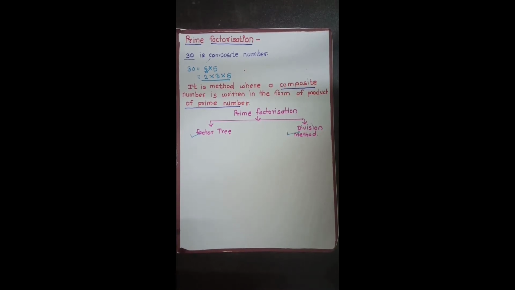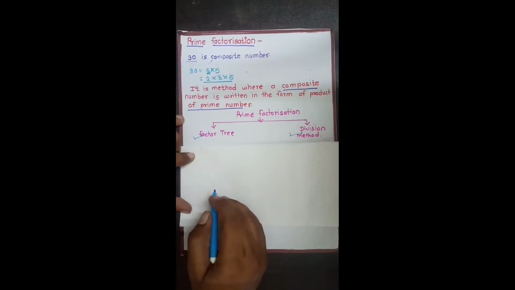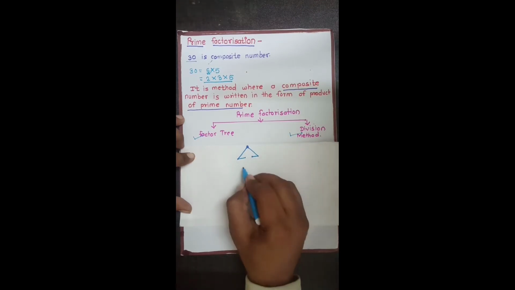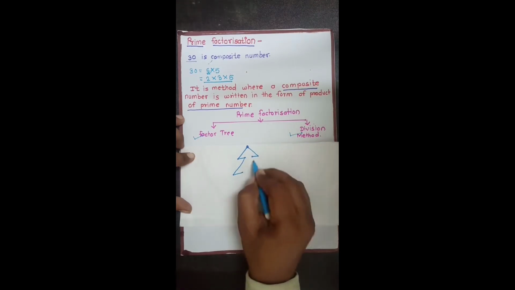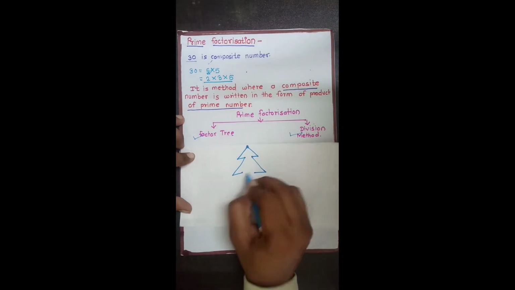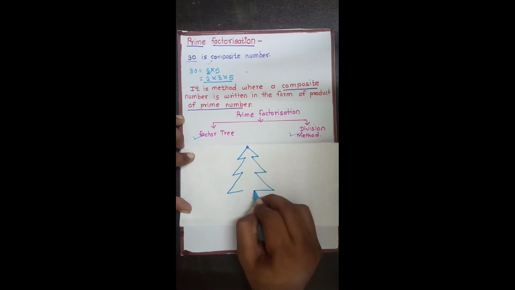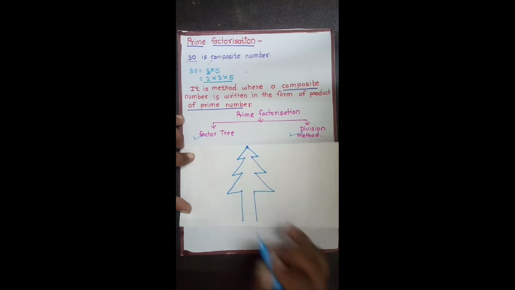It's very simple. So let us understand what is a factor tree. For that we have to know the structure of a tree. So the structure of the tree is something like this, we can say. It is gradually growing, वो बड़ा बड़ा हो जाता है. Okay, so this is the structure of a tree.